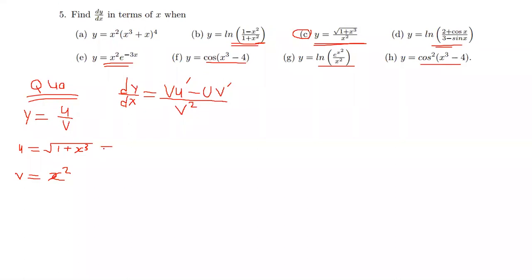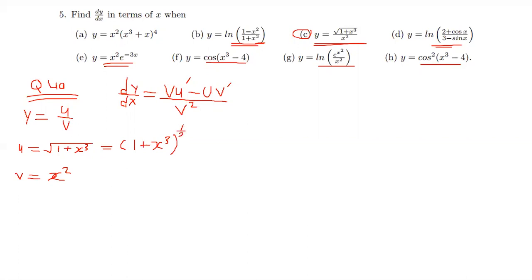So for us to use this quotient rule, we need first to find u prime and v prime. Before you find u prime, you can simplify this in this form, which is just 1 plus x to the power 3, and then this raised to power half.